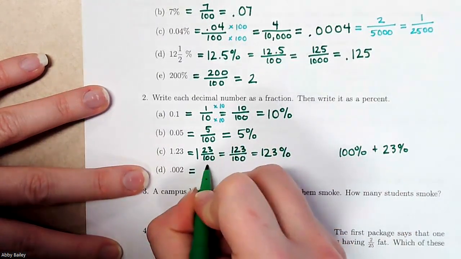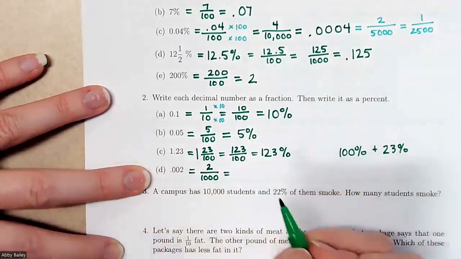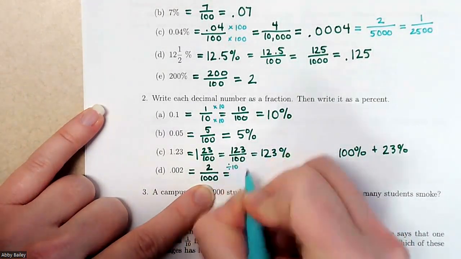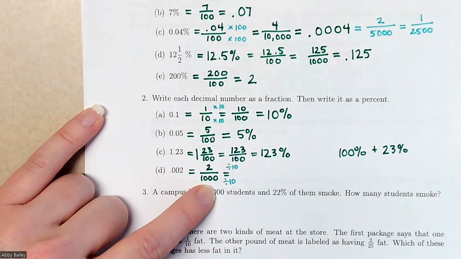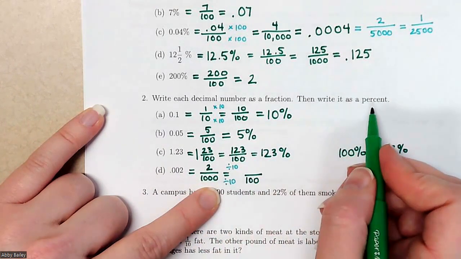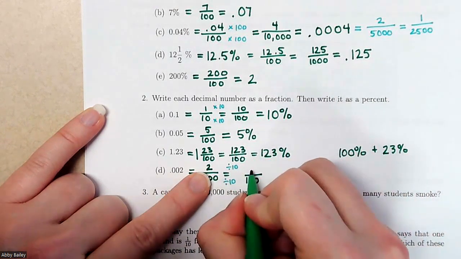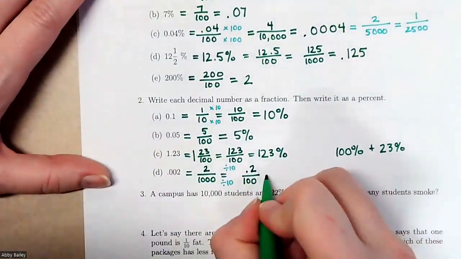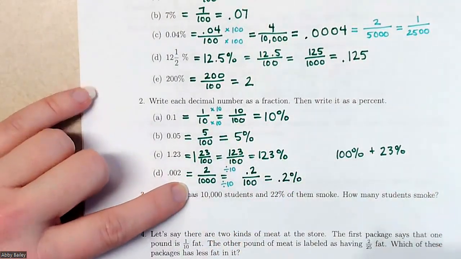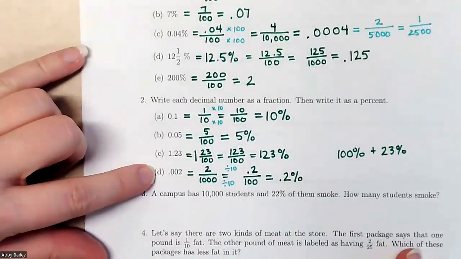So what is this? 2 tenths, hundredths, thousandths. So I'm going to actually have to scale this down and divide by 10 to make that 1,100. So if I have to scale that down, this will be 100, so that's good because then it'll be out of 100. But this 2 tenths is 0.2. So as a percentage, this is 0.2%.